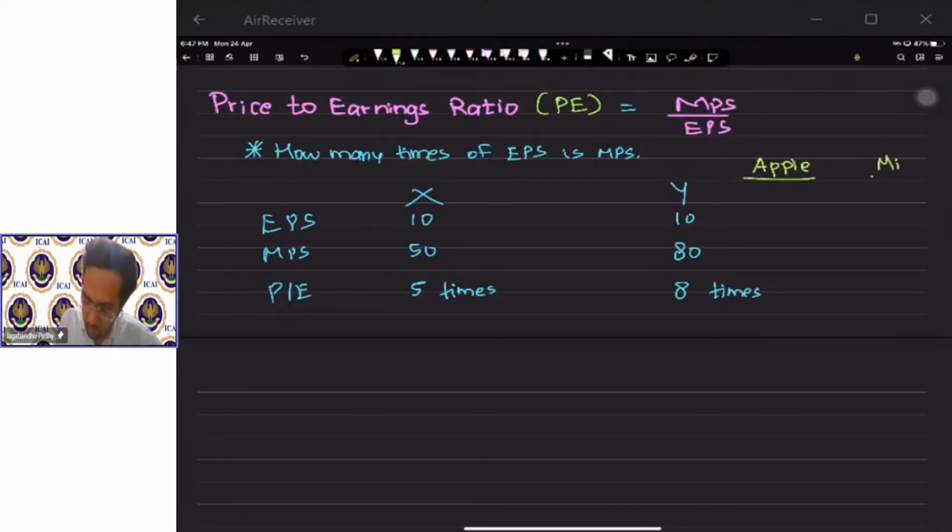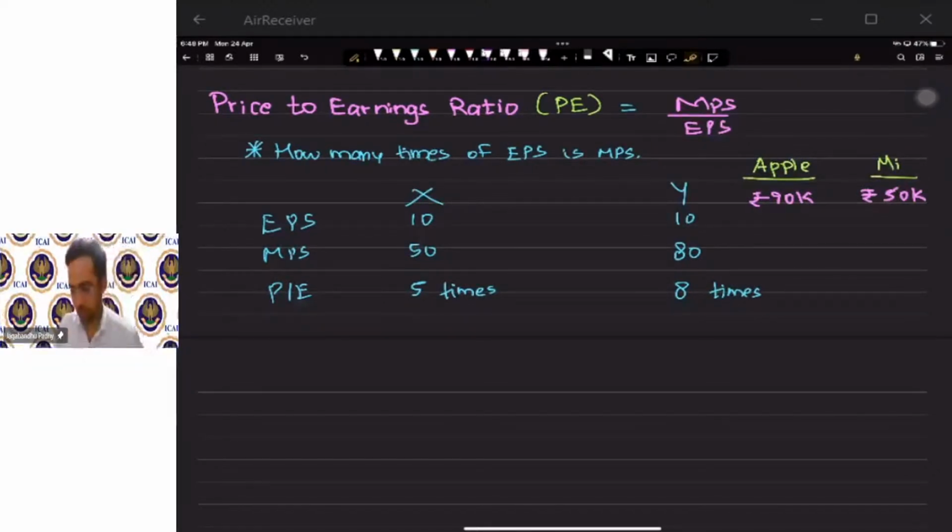Both of them offer you the same set of features: the same 15 megapixel or 50 megapixel camera, 4 GB or 6 GB of RAM, 128 GB storage, same processing speed, almost on the same lines. But we know that an Apple phone is going to cost you somewhere around 90,000. MI is going to cost you, with the same configuration, around 30,000, or 40 or 50,000 maybe at max.